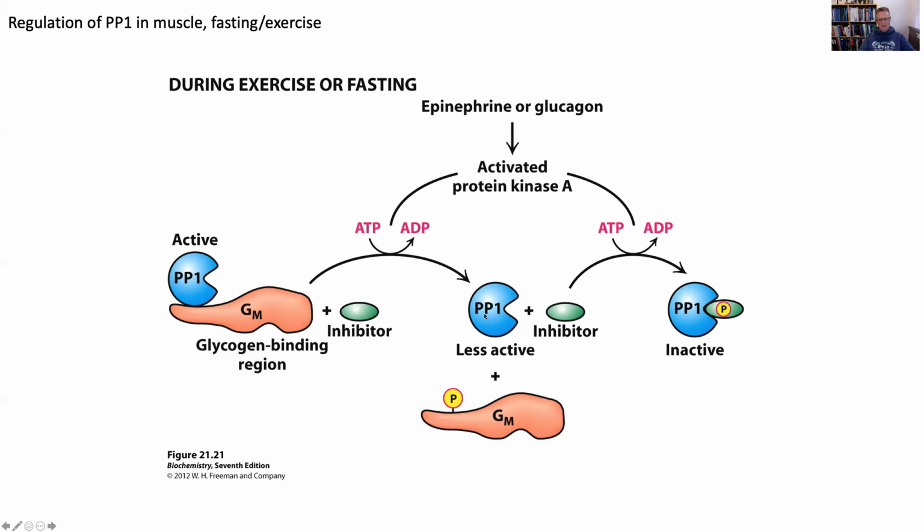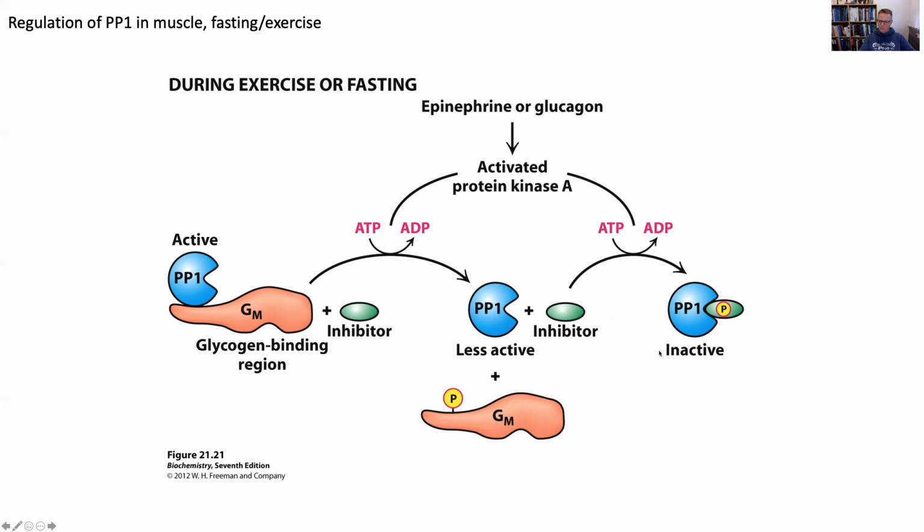But it's still a little bit active. So in order to inhibit it further, protein kinase A will phosphorylate an inhibitor protein, which will, once it's phosphorylated, bind and inhibit PP1, or the catalytic subunit of PP1, further.